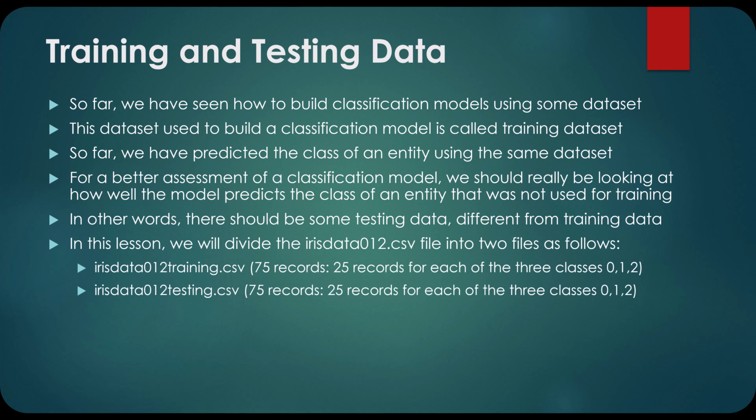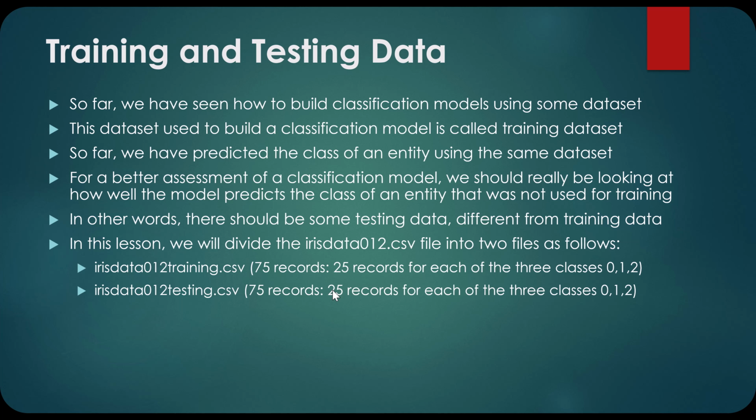So in this lesson, we will divide the iris data 012.csv file into two files as follows. We'll have iris data 012 training.csv. This will have 75 records, 25 records for each of the three classes 0, 1, and 2. And iris data 012 testing.csv, the other 75 records, the other 25 records in each of the three groups.